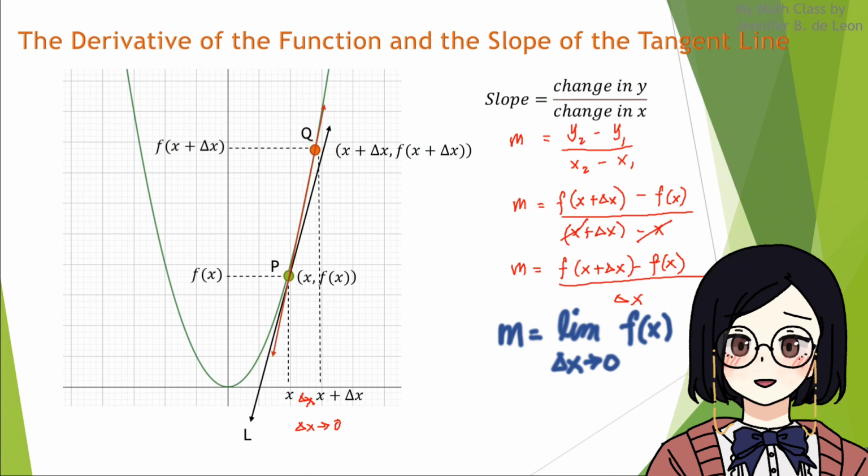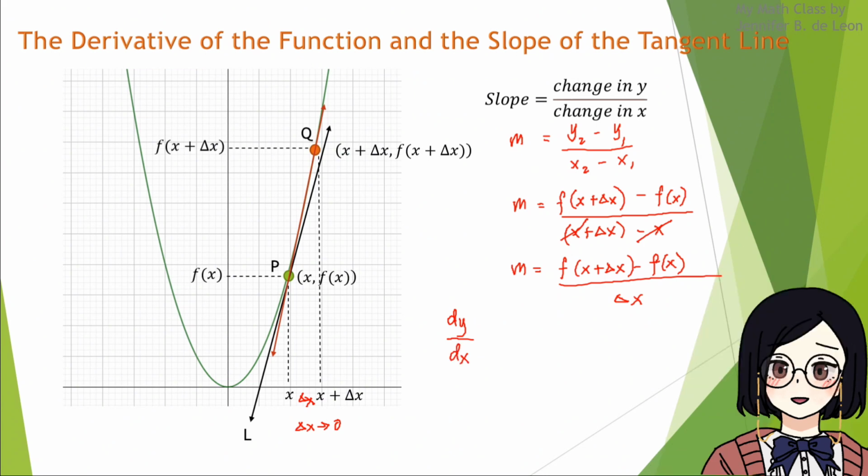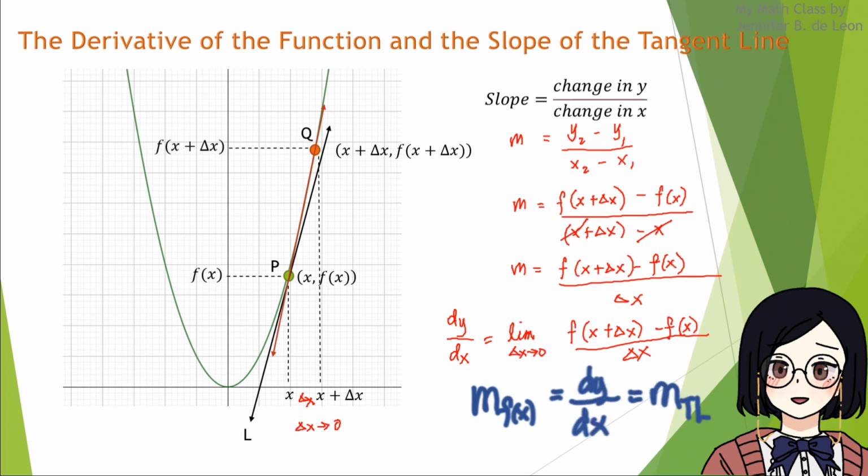So in other words, the slope of the curve, which is just the derivative of the function denoted by dy/dx, is equal to the limit of f of x plus delta x minus f of x all over delta x as delta x approaches 0. So the slope of the curve, the derivative of the function, and the slope of the tangent line mean the same thing.